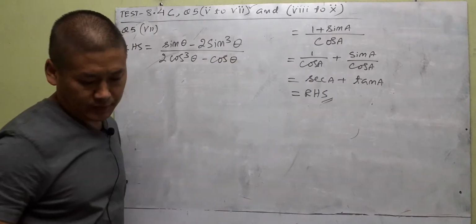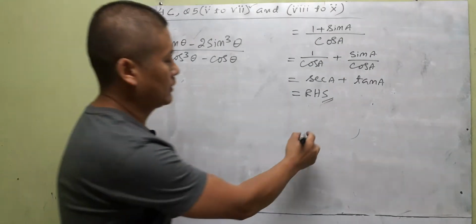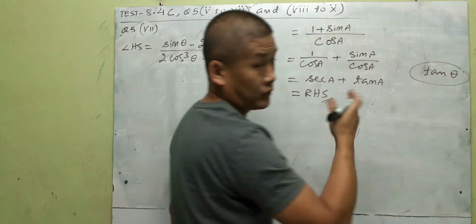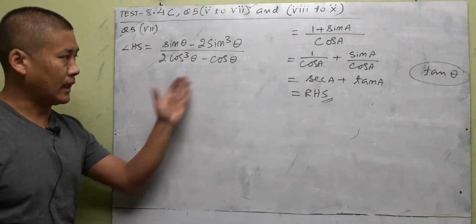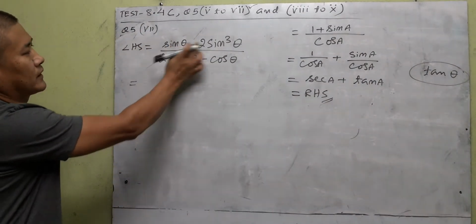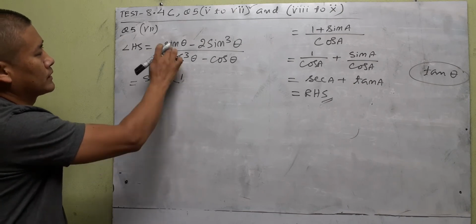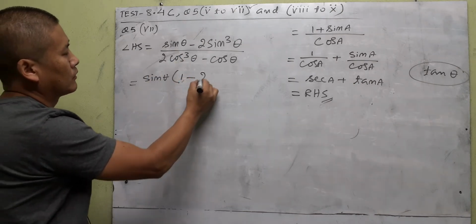Looking at the right hand side, it's tan theta. We need to get this one. Keep the right hand side in your mind as you do the left hand side, it helps you. Next, I can immediately see a common factor, so taking it out, 1 is sin theta into (1 minus 2 sin square theta).